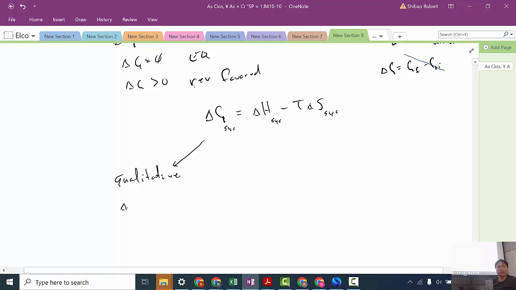Qualitative, we look at delta H, and then we look at delta S, and then we look at delta G. If delta H goes down, i.e. it's negative, less than 0, and delta S is positive, then that's always favored. Then delta G is negative at all temperatures. So this is spontaneous. We say it's spontaneous at all temperatures.